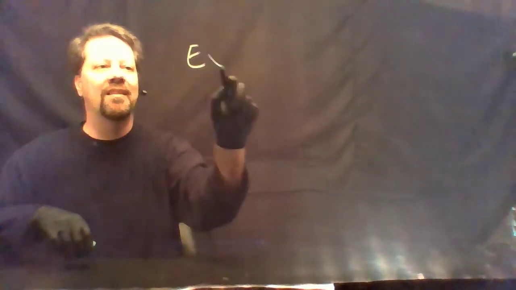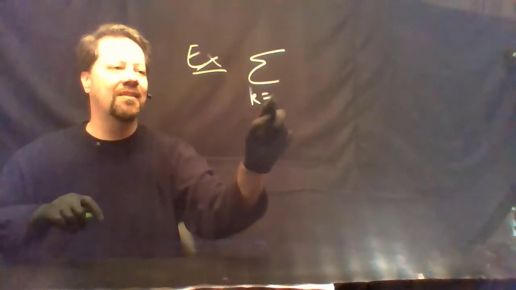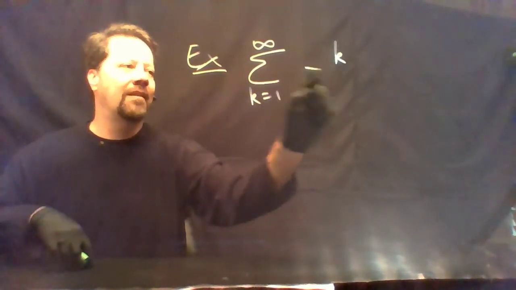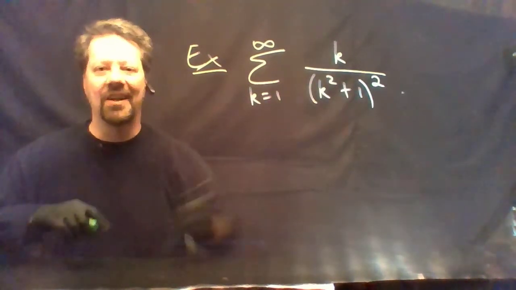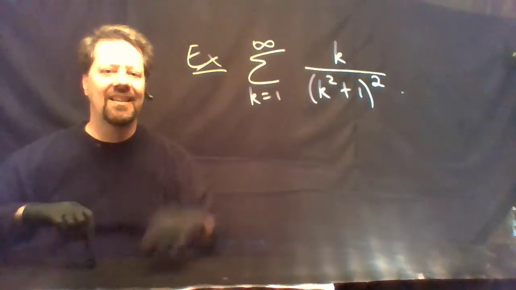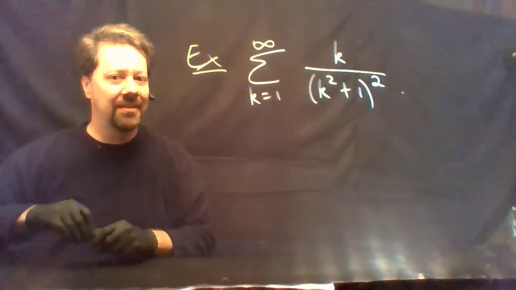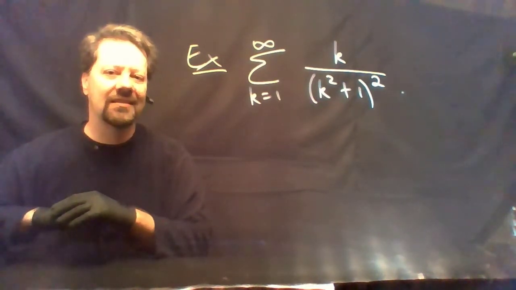Sometimes there's more than one test that you know how to use on a particular series. Let's look at the sum as k goes from 1 to infinity of k over (k squared plus 1) quantity squared. Now you may use the integral test to prove that this series converges, or you can try the limit comparison test as well.